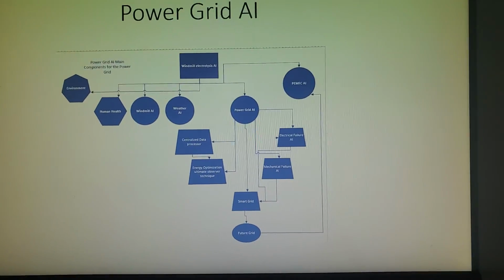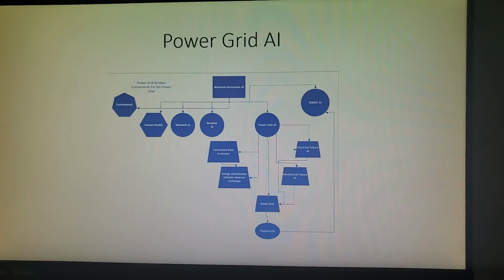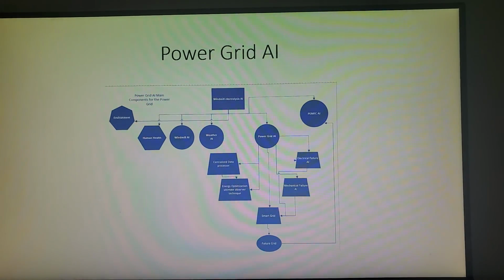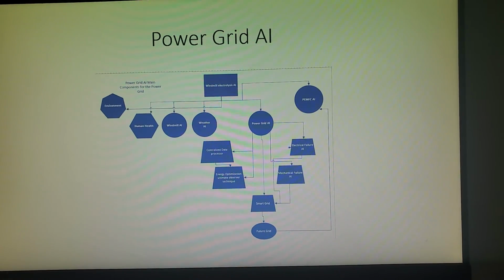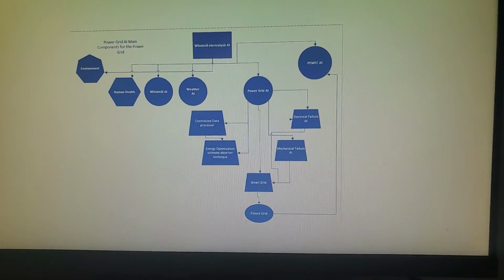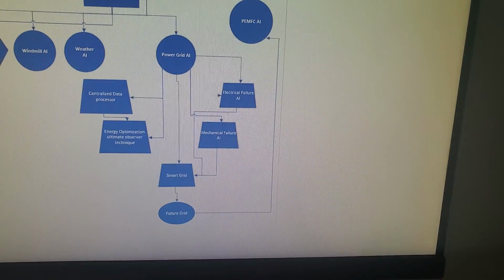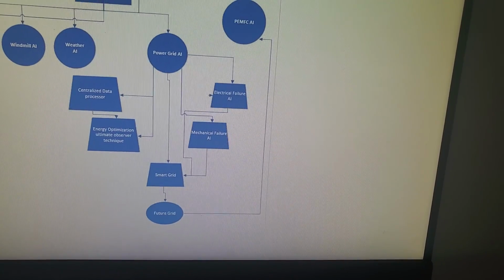Then the next part is the power grid AI section of the windmill electrolysis. And this is kind of like the electrical part. So we have the windmill that connects mechanical power to the electrical power, and then we're going to get to the power grid. So with the power grid here, we have different things going on. We have the electrical failure, the mechanical failure.